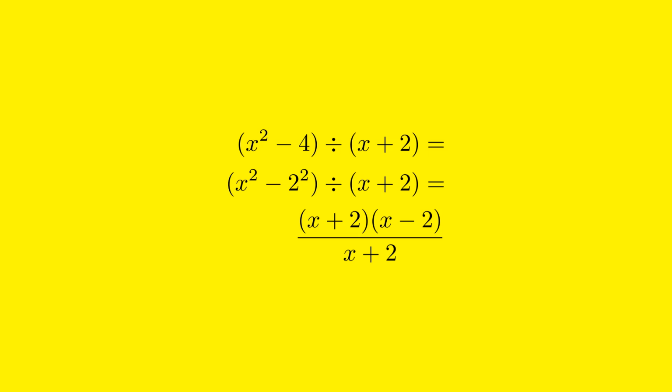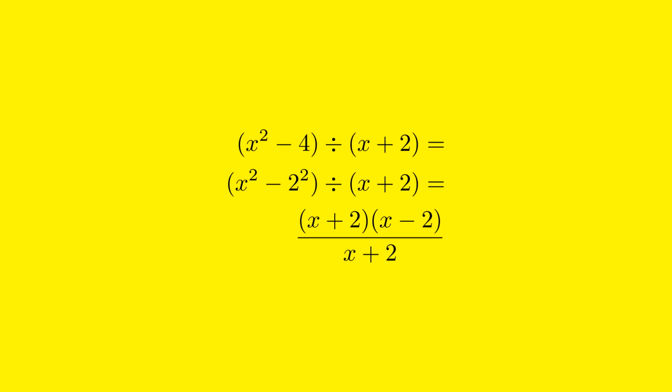In our case, x is the value that is squared in the first term x squared, and 2 is the value that is squared in the term 4. Substituting these values into the formula, we get x squared minus 2 squared. According to the formula for the difference of squares, this can be factored into open x plus 2 close times open x minus 2 close.